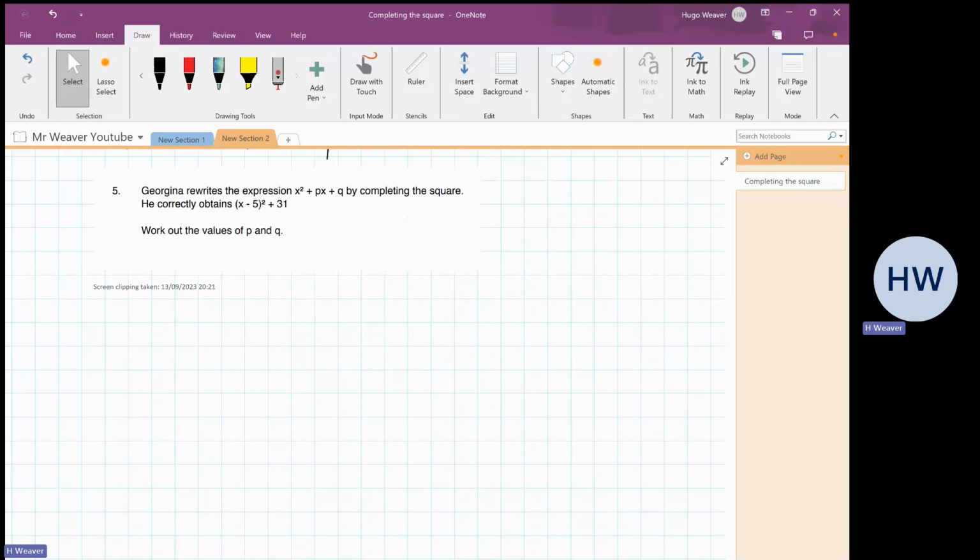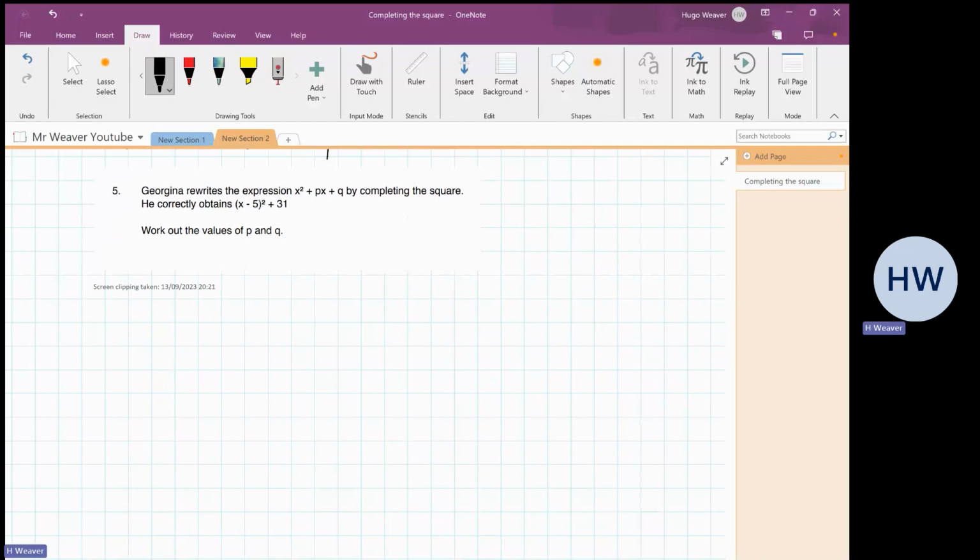Further maths is slightly different because you have to do one step further, which I won't explain now, but when you come up to it, just let me know and I'll be more than happy to do another video. So the question says, Georgina rewrites the expression x² + px + q by completing the square. He, I would have thought Georgina was a girl's name, but anyway, he correctly obtains (x − 5)² + 31. Work out the values of p and q.